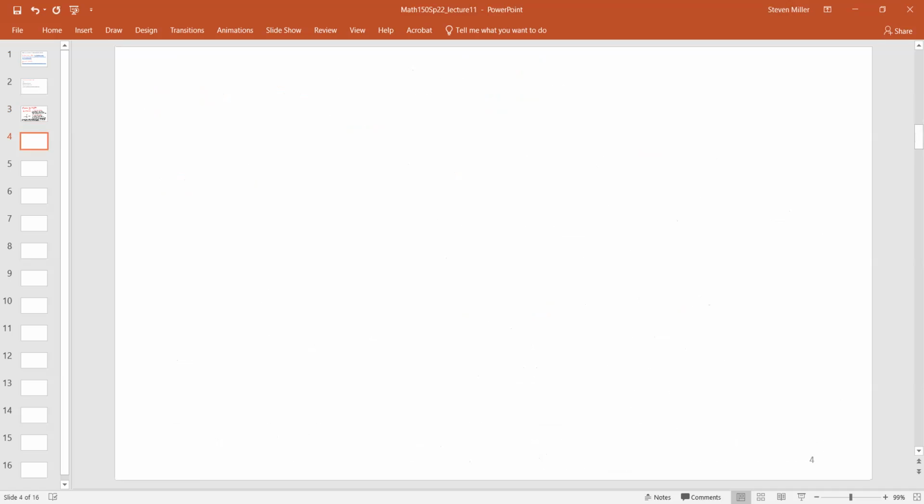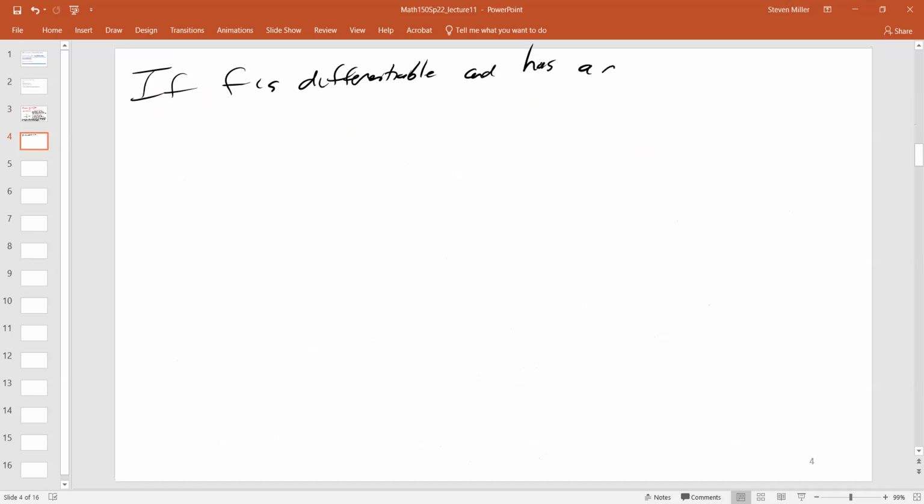So if f is differentiable and has a max or min at x equals a, then f prime of a equals 0. Is this equivalent to: if f prime of a is 0, then my function has a maximum or minimum?